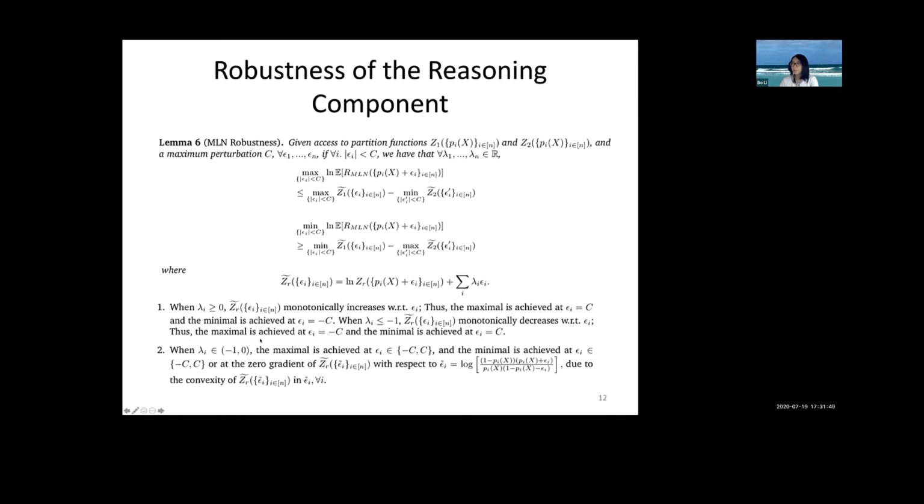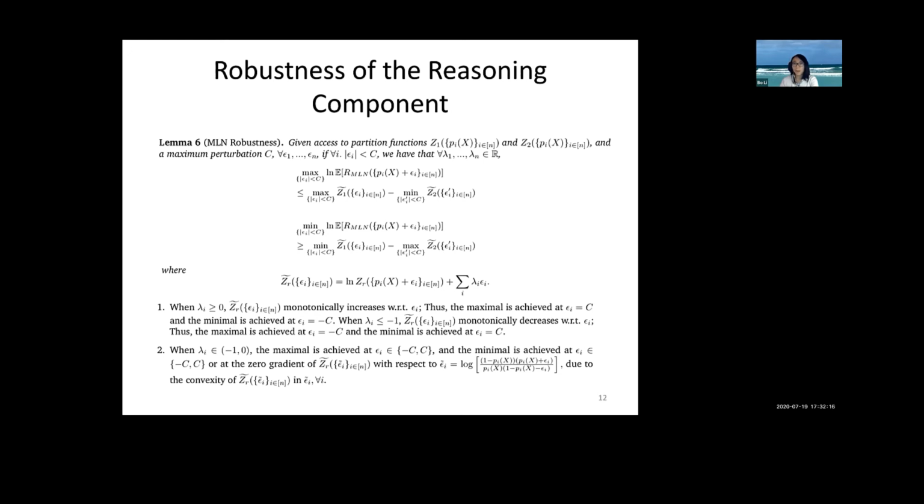And if lambda is within -1 to 1, we have to sample with MCMC and then bound it to analyze the magnitude epsilon. That is to say, with exact knowledge about what can be true in this sensing reasoning pipeline, it is possible to certify the end-to-end robustness.